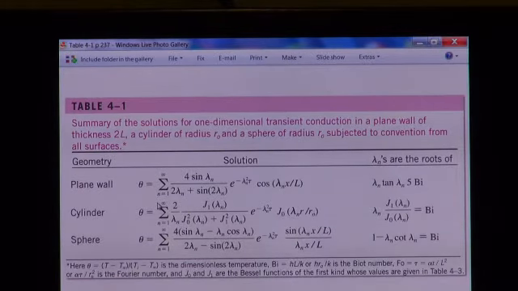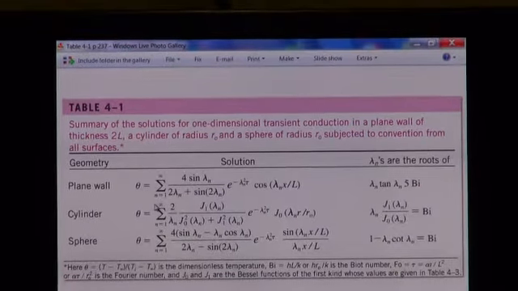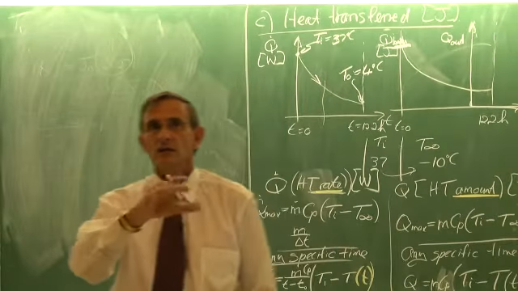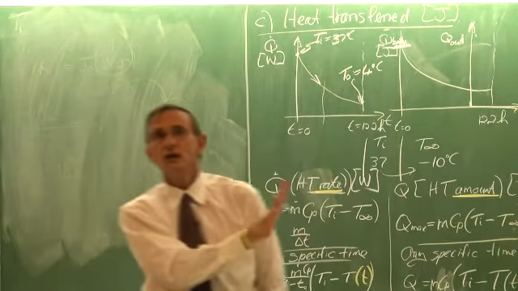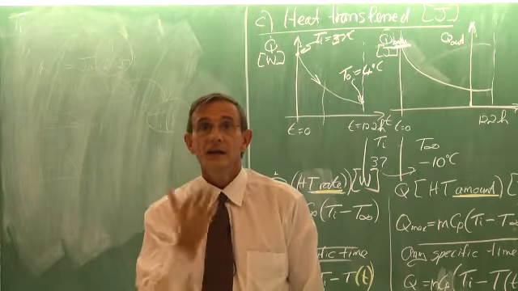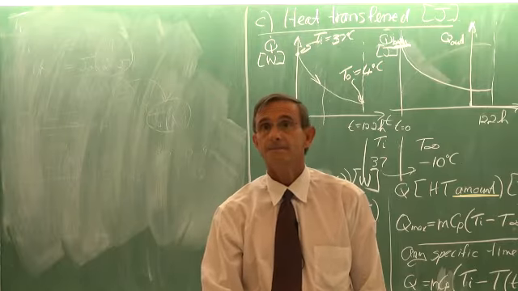In the textbook, the derivation is given, and there are 3 equations: the one for the plane wall, the one for the cylinder, and one for the sphere. It is not that complicated to derive them, but they are in the textbook. Any other questions, ladies and gentlemen?